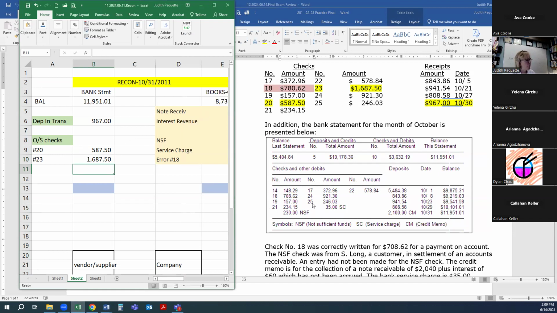Check 24, 2130, good. Check 25, good. Now again, we've got extra coded items for NSF, SC, CM, all of those we have to deal with after we've done this basic first step, which is what are the deposits in transit and what are the outstanding checks. So we've now taken care of that.